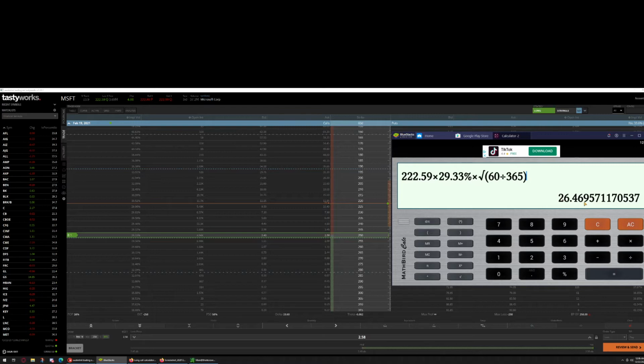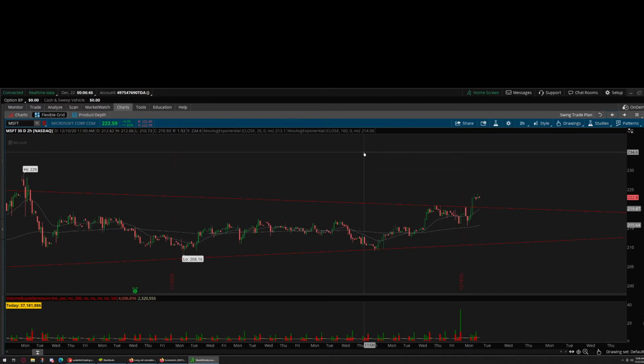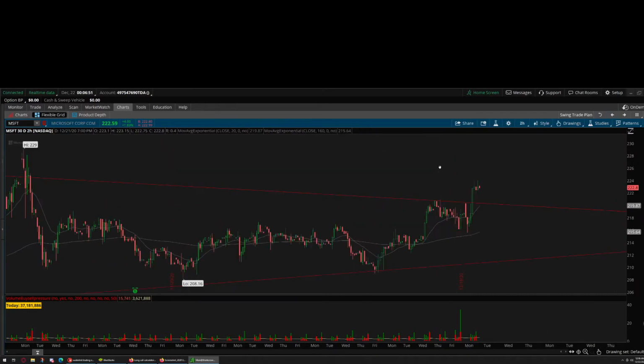So you take that 26.46 and you add it to the price of your stock, and that tells us that from now to February 19th, within 60 days, Microsoft has the ability to move up to $249.05. So we come up here and mark.